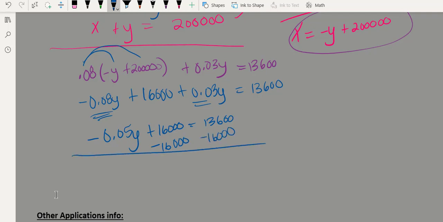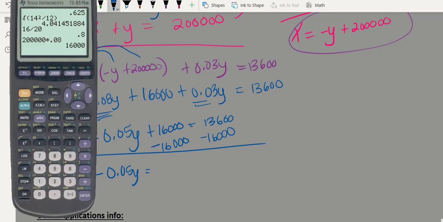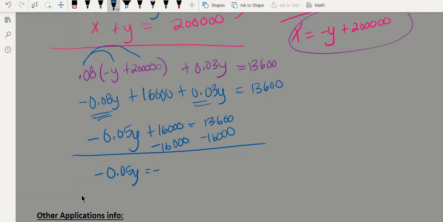And then this will give me a negative 0.05y equals, I'm just going to make sure since I'm doing it backwards, 16,000 minus 13,600, oh, 2,400. All right, so that'll give me a negative 2,400.